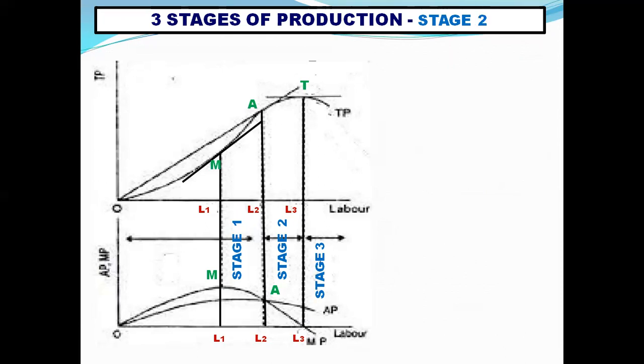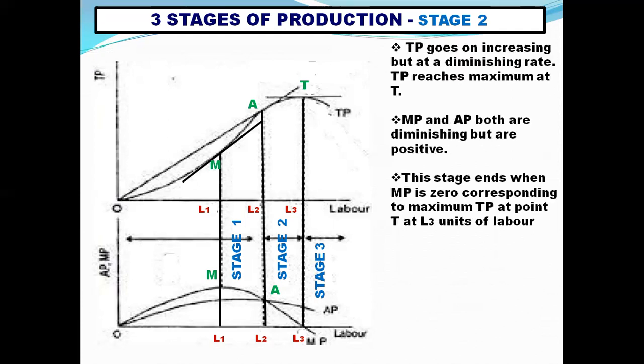Now we come to stage 2. TP is increasing, but it is increasing at a decreasing rate. So you can see this. TP is increasing, but at a decreasing rate. And TP reaches maximum at point T. Here MP and AP both are diminishing but are positive. See, MP and AP both are diminishing, from this stage to this part.